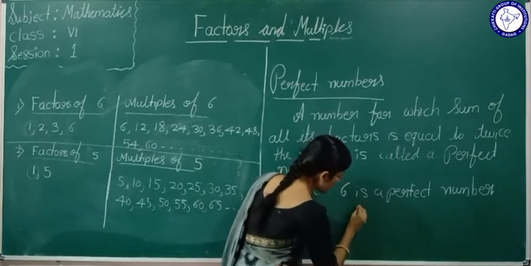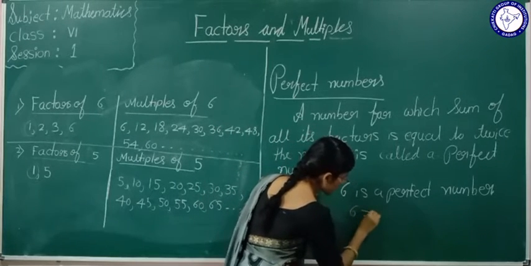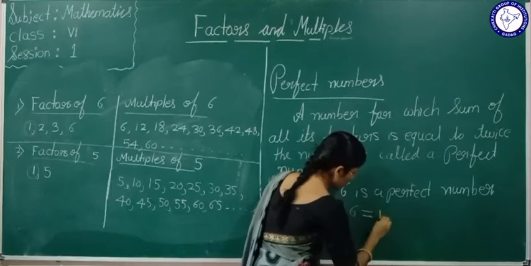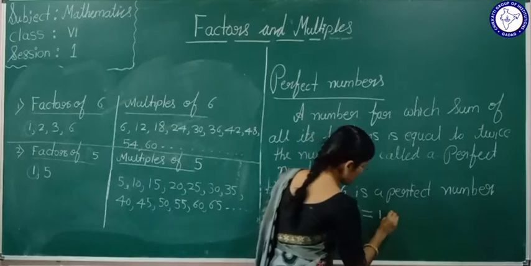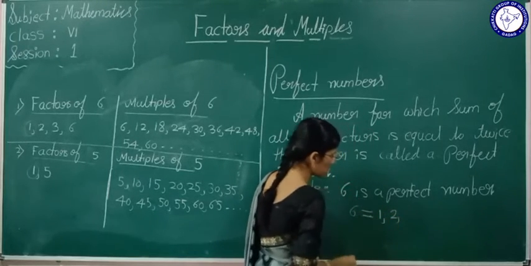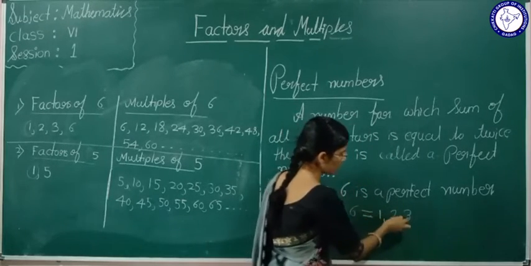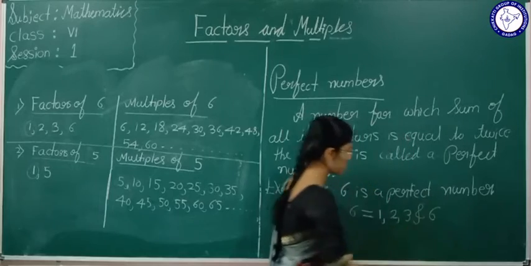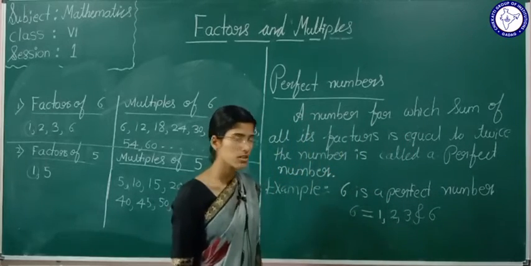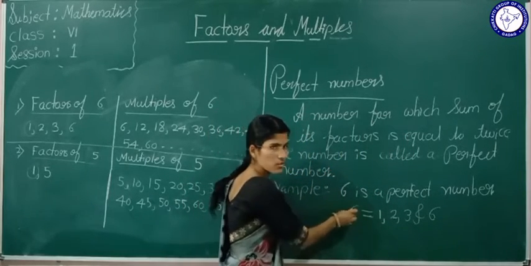See, what are the factors of 6 here? The factors of 6 are 1, 2, 3 and 6. What is the meaning of factor?